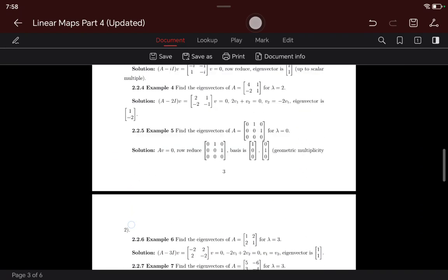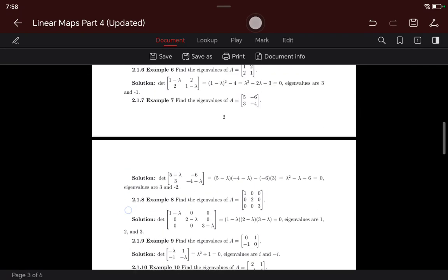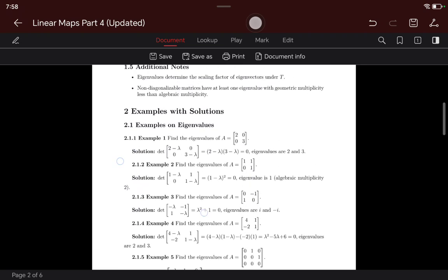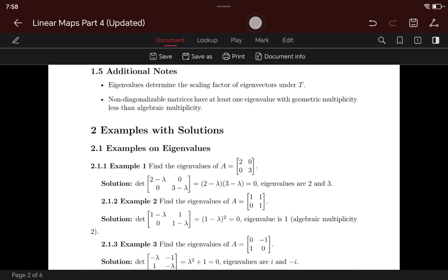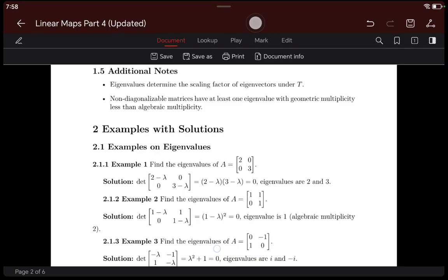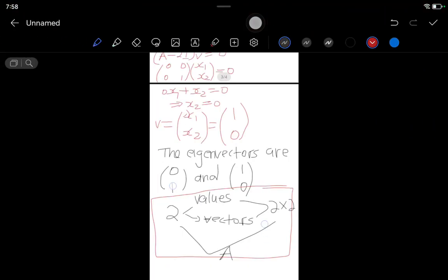Now let's check the second one. They say we're given A equals 1, 1, 1, 0, and we must find the eigenvalues. Now pay attention.